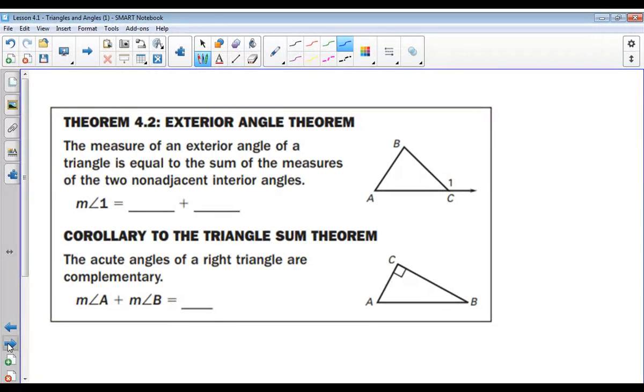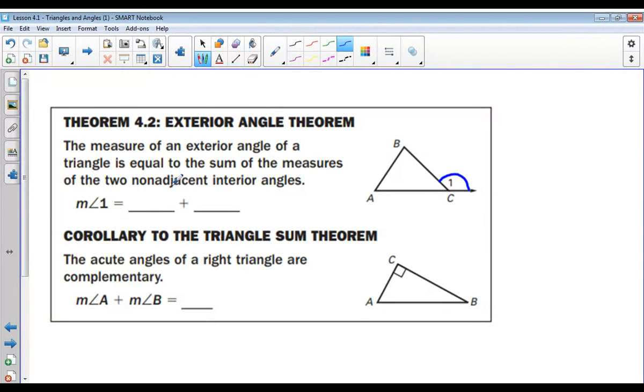Okay, this might be one though that we don't know. There are exterior angles whenever we take a look at triangles. An exterior angle would be this angle that's on the outside of the triangle, so this angle 1. The measure of an exterior angle of a triangle is equal to the sum of the measures of the two non-adjacent interior angles.